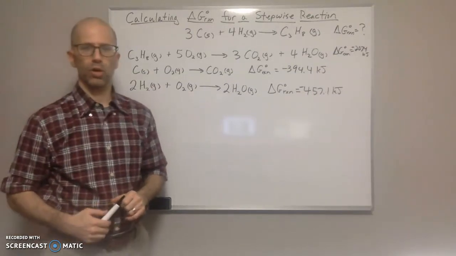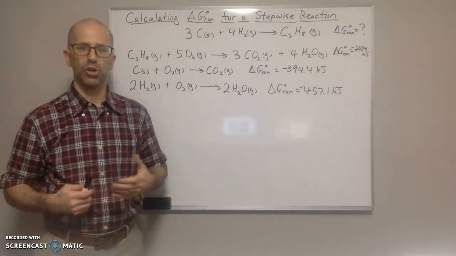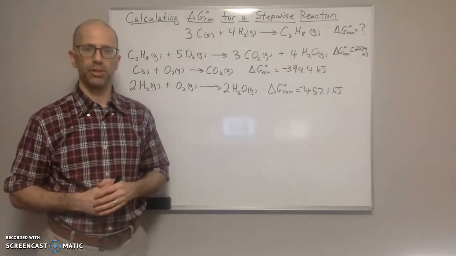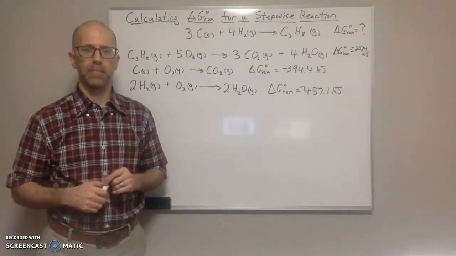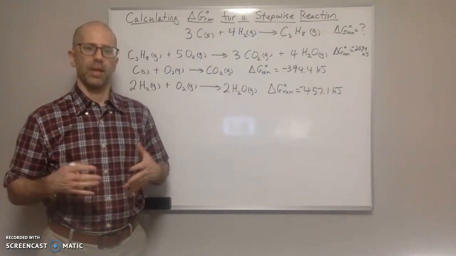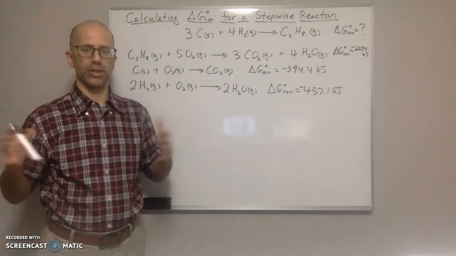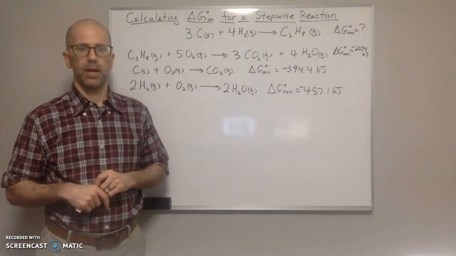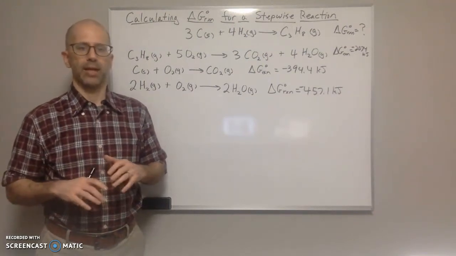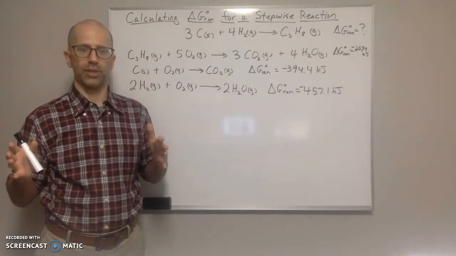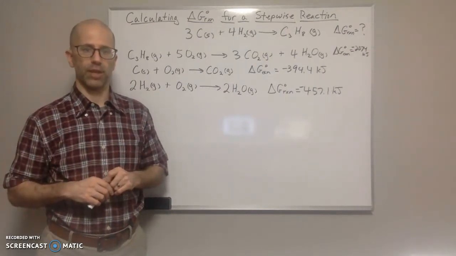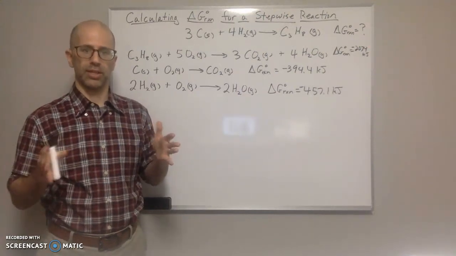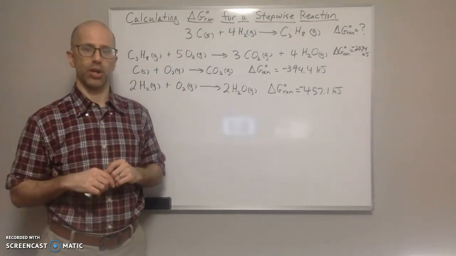My name is Mr. Kowalt, and in this video I'm going to show you how to calculate the standard change in free energy for a stepwise reaction. And so what that means is that you've got one reaction, you're trying to find the standard Gibbs free energy change, and you have other reactions that you know the standard free energy of, and you can manipulate those equations and add them together to get the target equation.